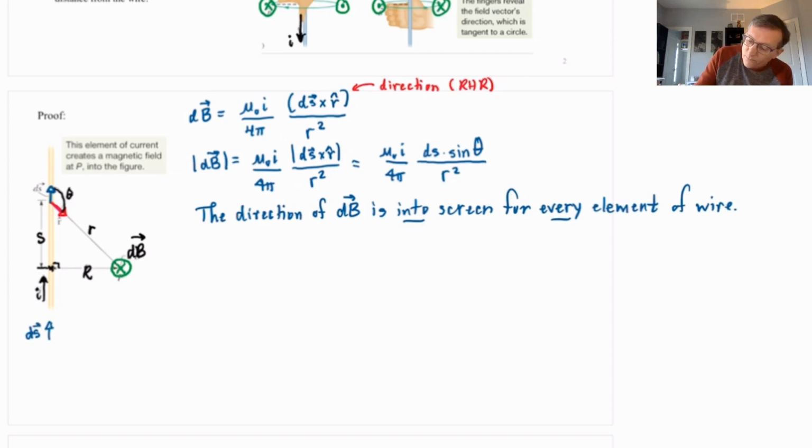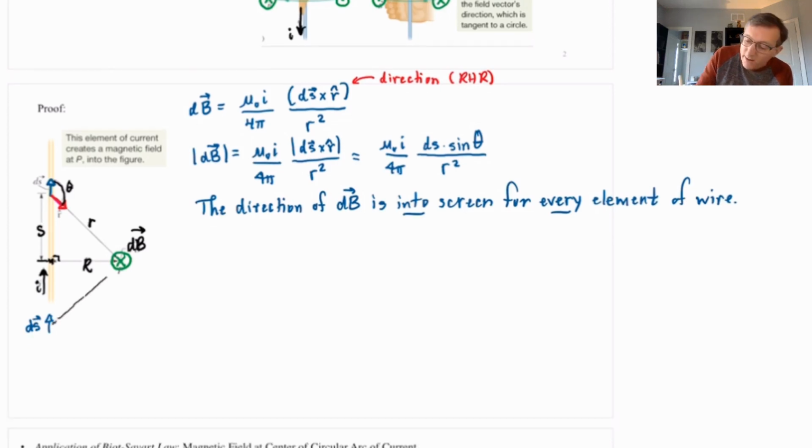ds. Okay? Then let me draw a little dashed line towards point P, because that helps me see the direction of r hat. Now do that cross product, ds cross r hat. Your thumb still points into the screen. For any piece of this wire, you draw the ds and the r hat for that piece, and then do the right-hand rule with the cross product, and you will conclude that the dB always points into the screen. That's good news.